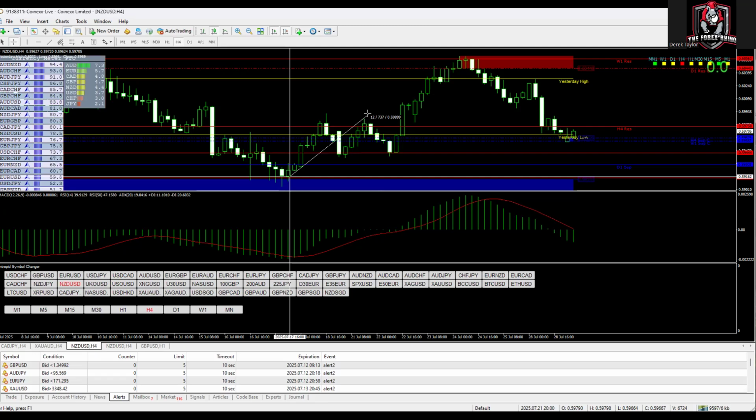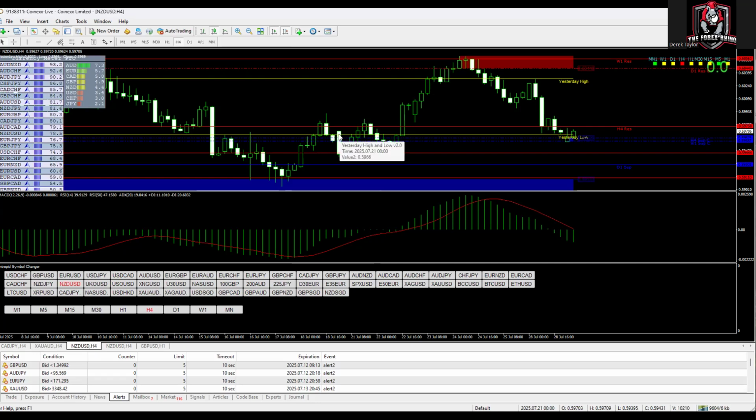And then at that point, if I see the break in structure, which is this one right here, I have to consider where my get off point would be.